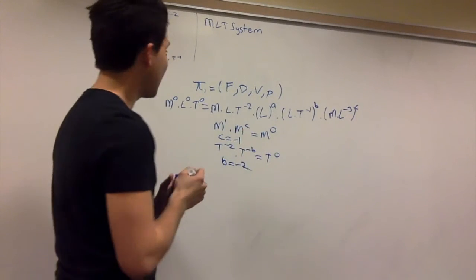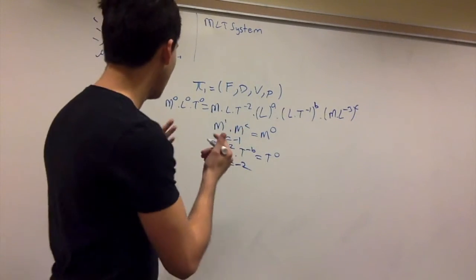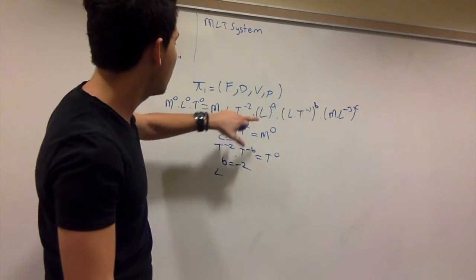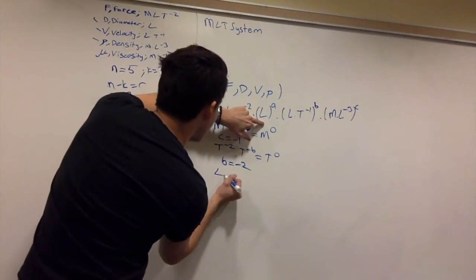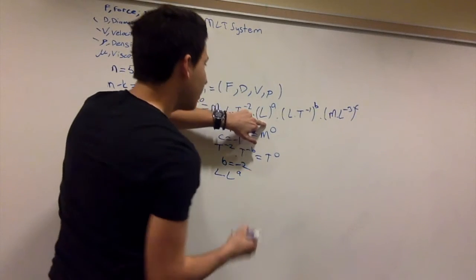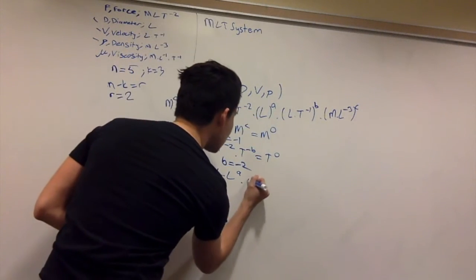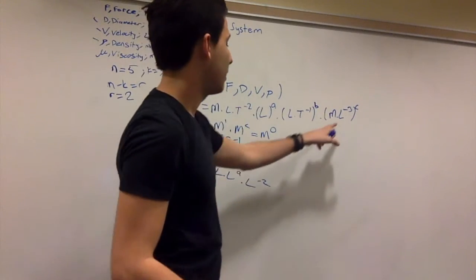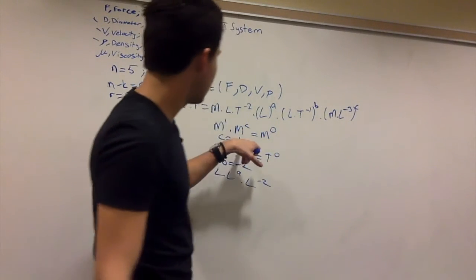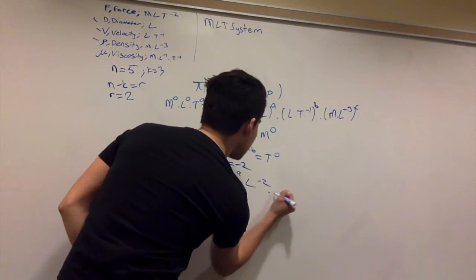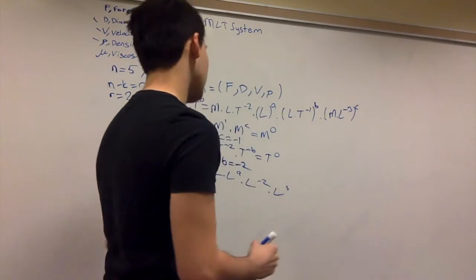And the last one is length. Length here is to the power of 1, and here it's to the power of a. Here we said b is -2, so I can write it like that. And here we said c is -1, so we can multiply them, and it gives us L to the power of 3.